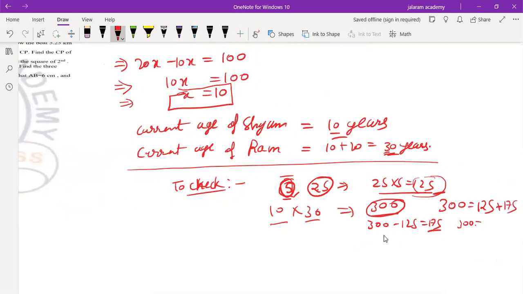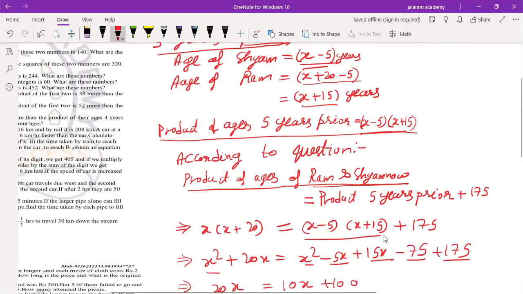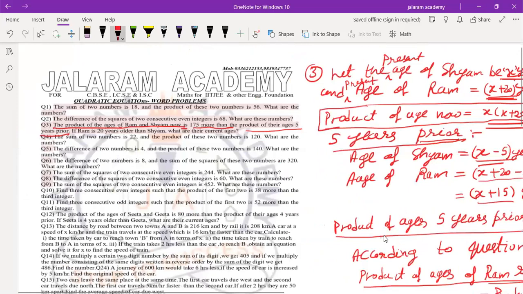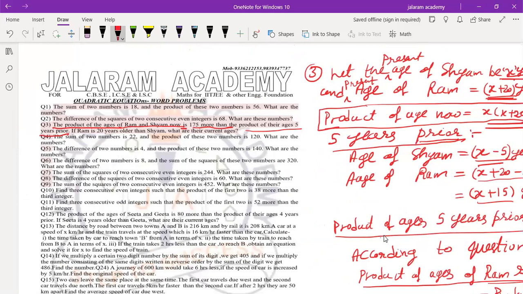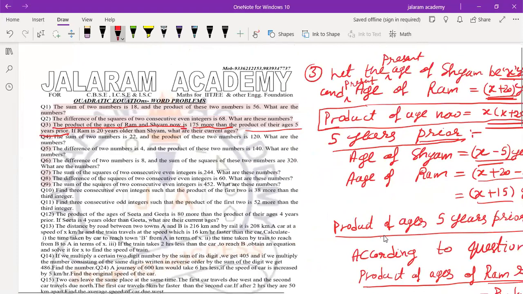Is it correct? Yes, it is correct, so our answer is also correct. Understood? In this way, we convert the word equation to a mathematical equation. It is given that the product of the ages of Ram and Shyam now is 175 more than the product of their ages 5 years prior. If Ram is 20 years older than Shyam, what are their current ages?